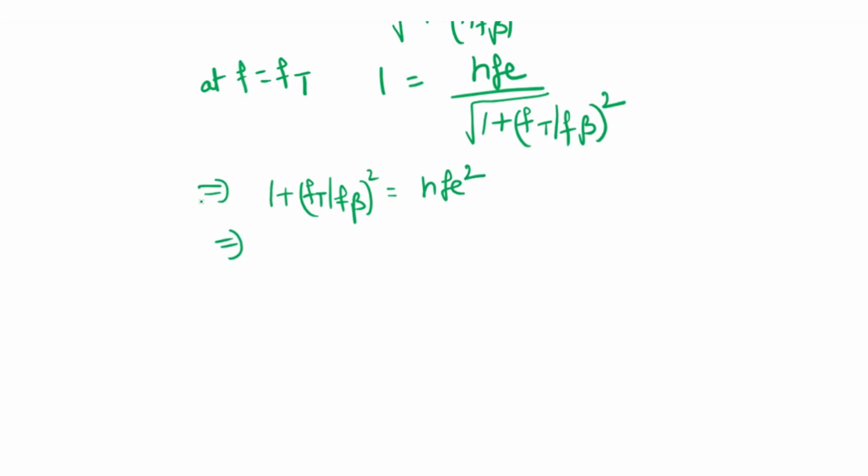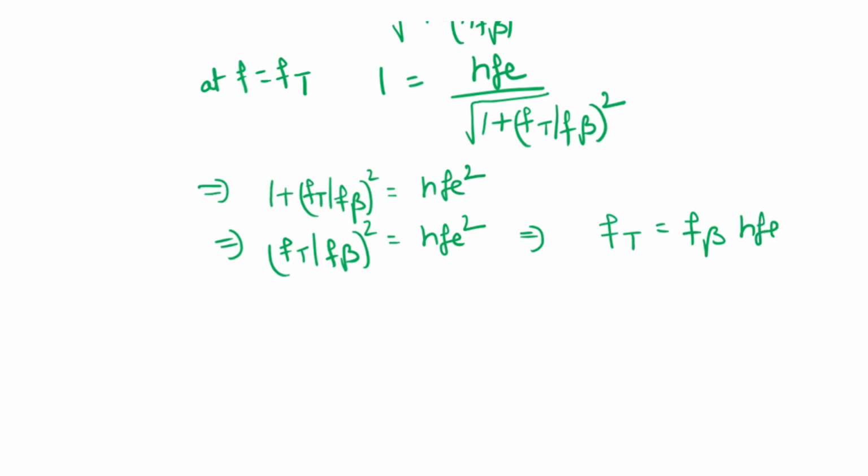Okay. Ft by F beta whole square is very much greater than 1. Therefore, you can neglect 1. So, (Ft by F beta) whole square is equal to HFE square. It implies Ft is equal to F beta into HFE.